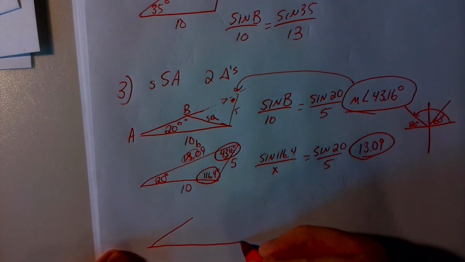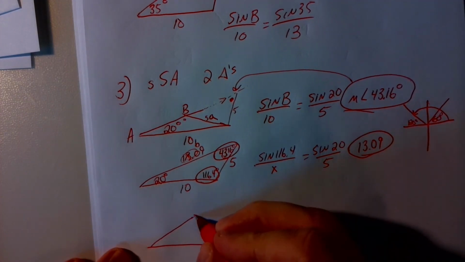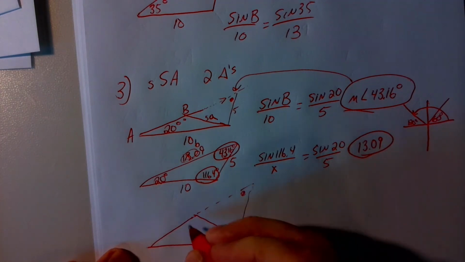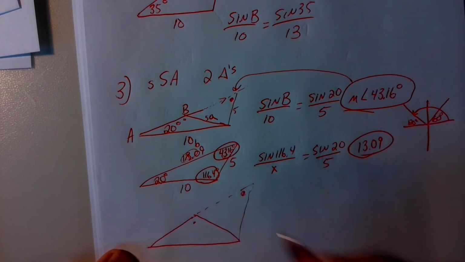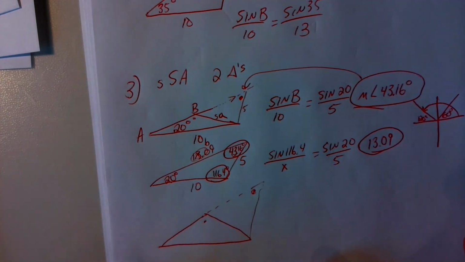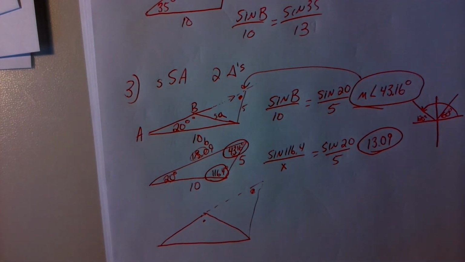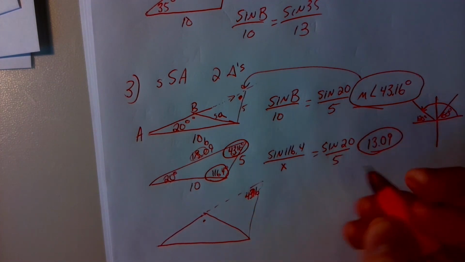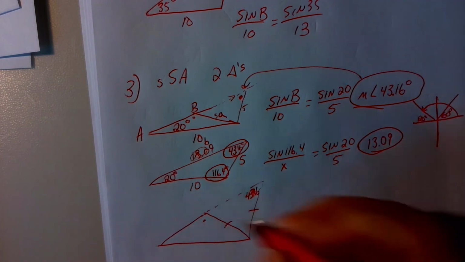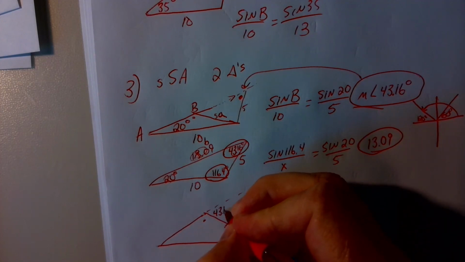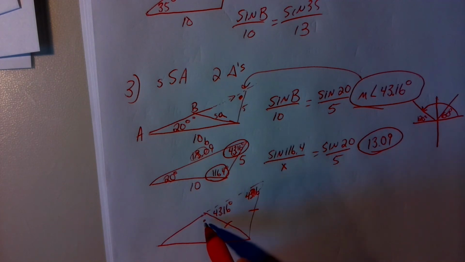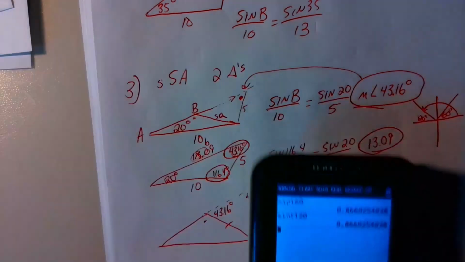So now I'm going to do the one that we missed out on, pretending again this is the one we just found before, right? This one right up here. Now we're going to use this one right here, and you're wondering, well, how the heck do I determine what that is? Well, it's not really that hard. If this is 43.16 degrees here, and those two things were the same length, then that must have been 43.16 degrees there, because it's an isosceles triangle, which means the obtuse angle right there has to be whatever's left over from 180.